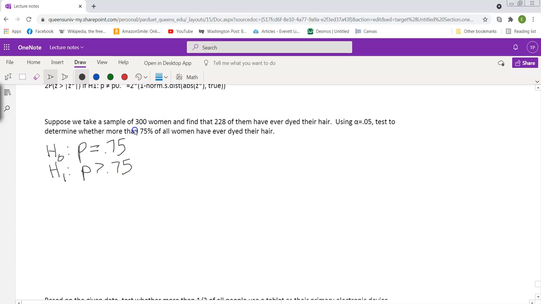So based on this information, we're taking a sample of 300 women, so N is 300. And we find that 228 of them have ever dyed their hair, so that means X is going to be 228. And our test value is 0.75 because this is what we want to test.